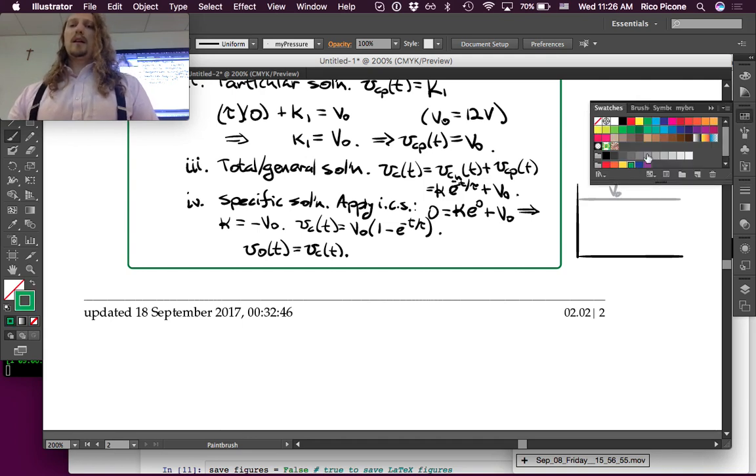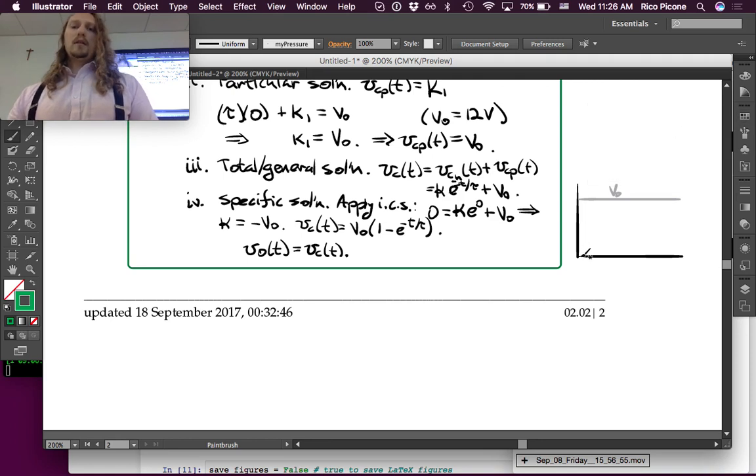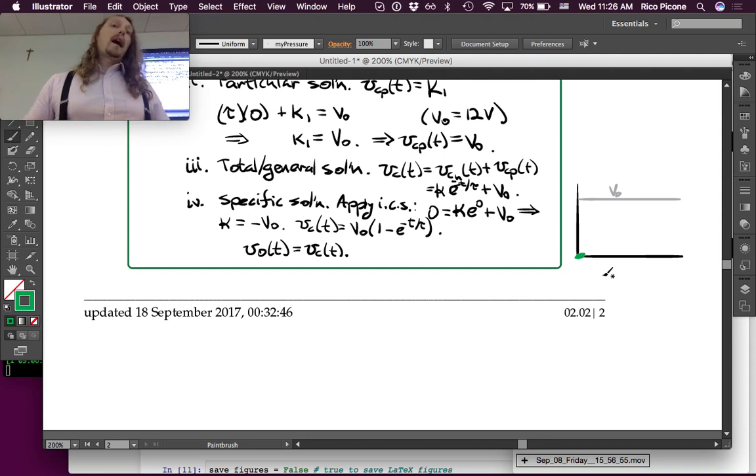So I like green traces. It starts at 0 because at time equals 0, we get V0 times 1 minus 1, right? So 1 minus 1 is 0, and we start off at 0. As we increase time, this exponential decreases, and we are subtracting less and less, okay?